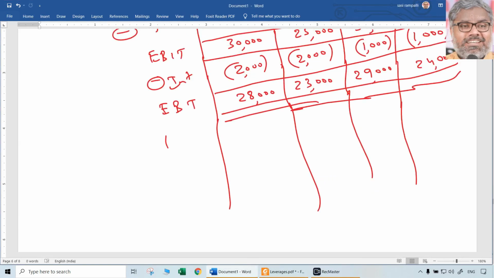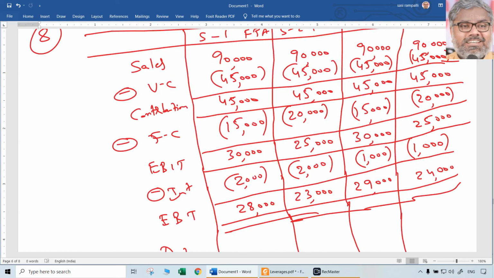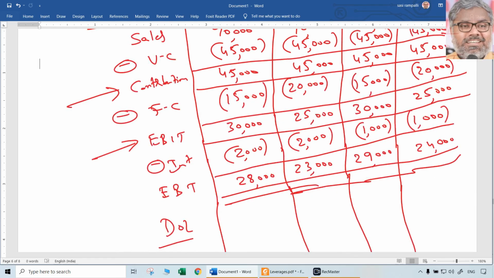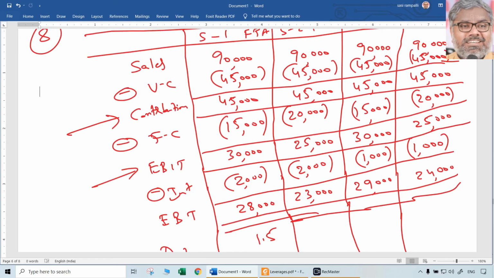First thing first, degree of operating leverage. Formula, contribution divided by EBIT. So 45,000 divided by 30,000, that will be 1.5 in this case. Second, also 45,000 divided by 25,000, that will be 1.8.